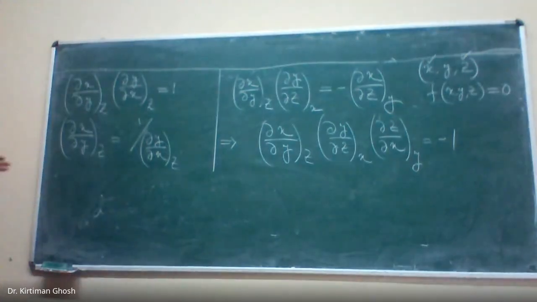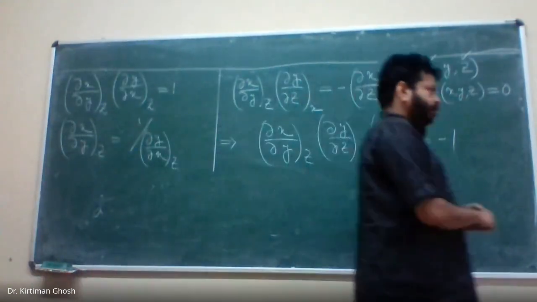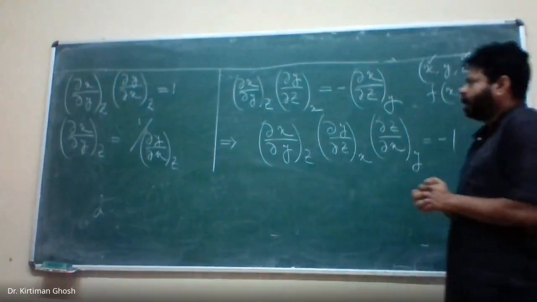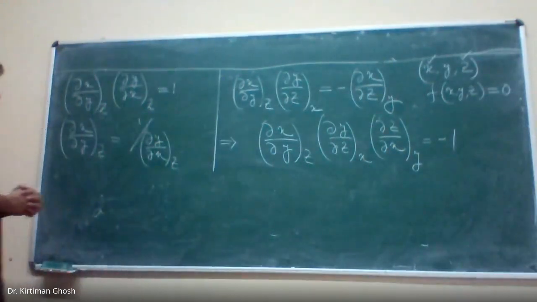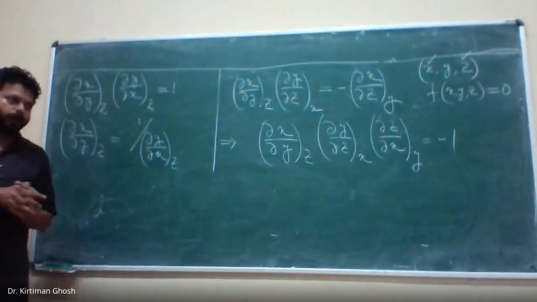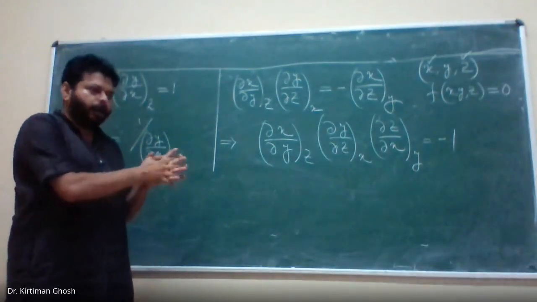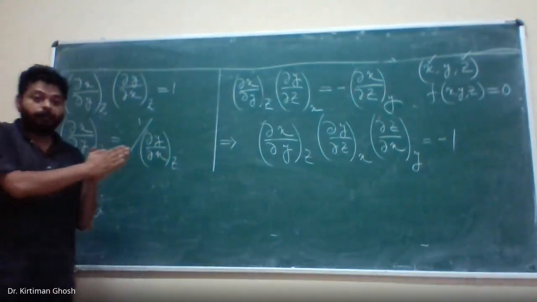So you understand this, right? It is important to understand the conceptual idea about partial differentiation. When you have multiple coordinates, which coordinate you want to differentiate, keeping which coordinates fixed, and how they are related. So these relations will be very powerful. I will come to that.